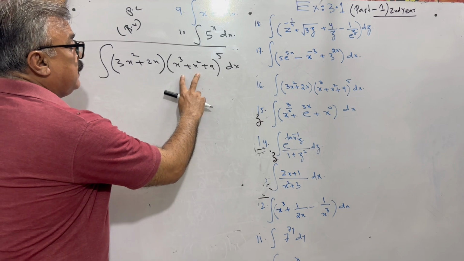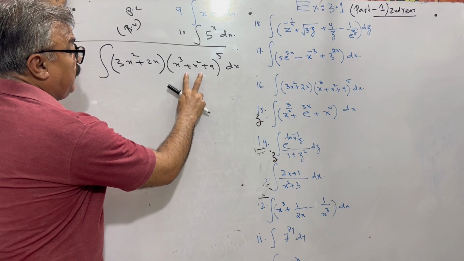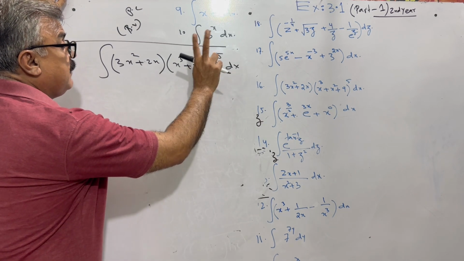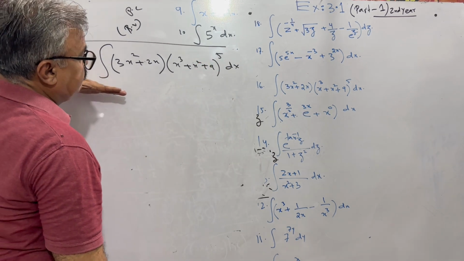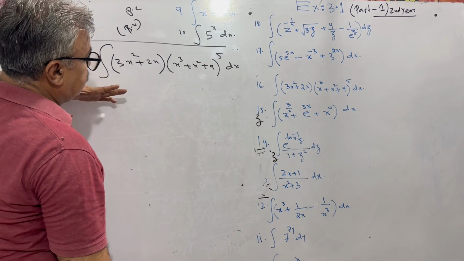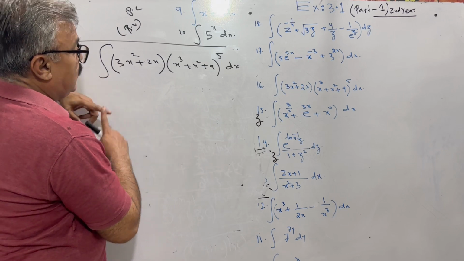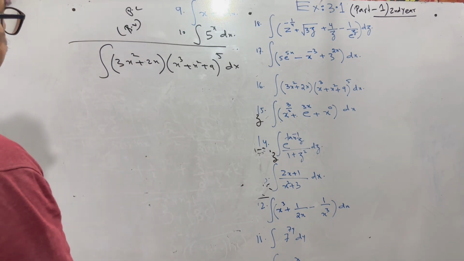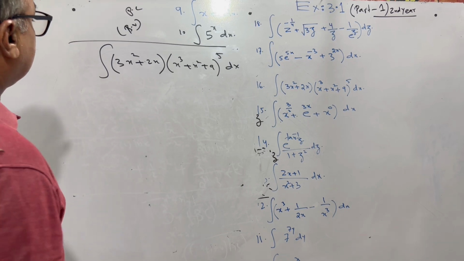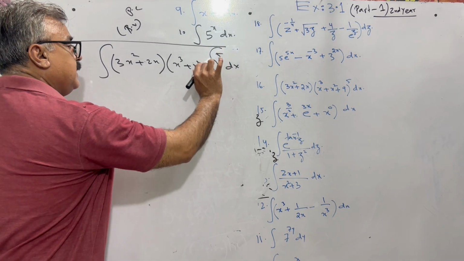Write 5 times, open this one, a trinomial having power 5. Whenever power is fraction, power is larger, or power is negative, ask yourself, is it a function-derivative situation? Look at this, it has greater power.